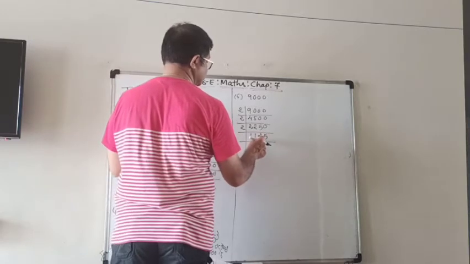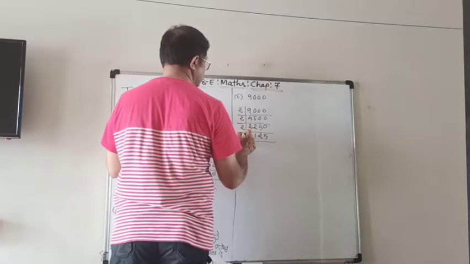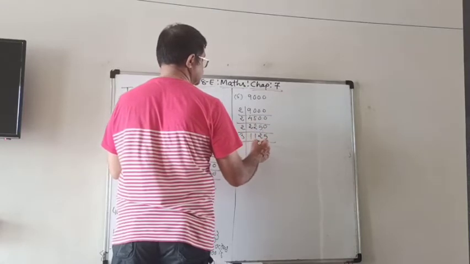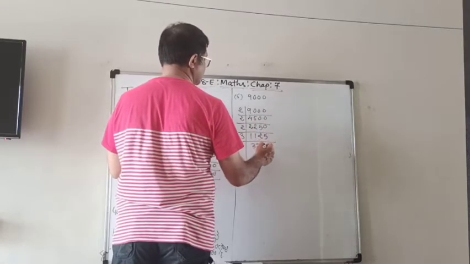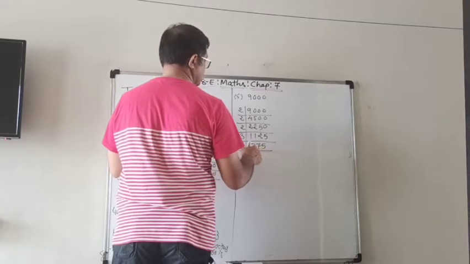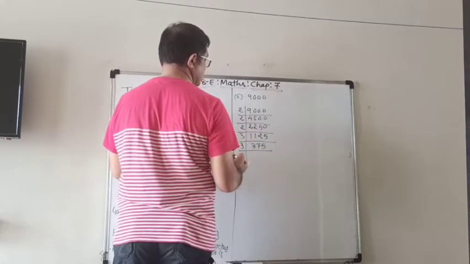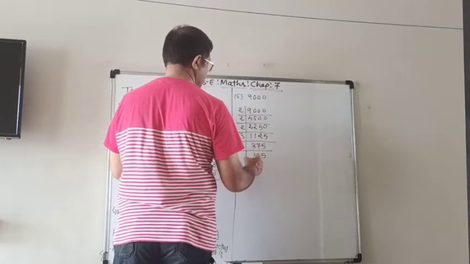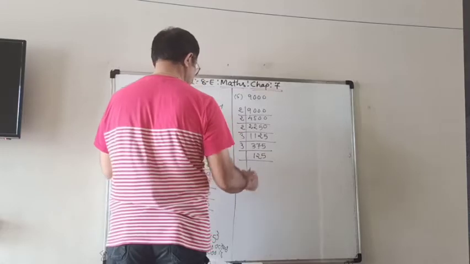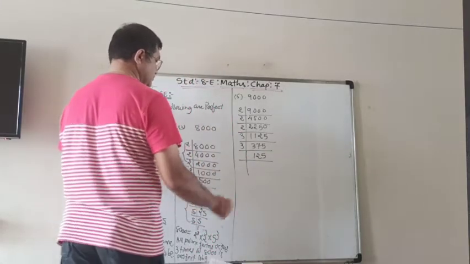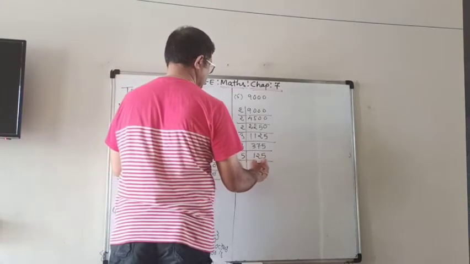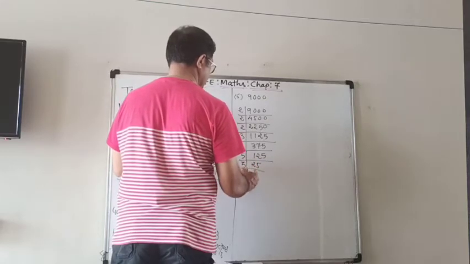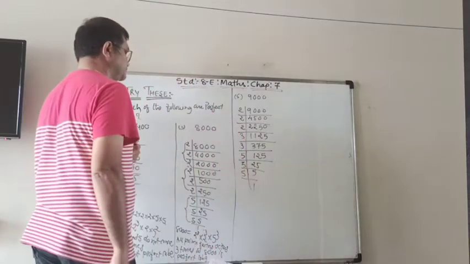Check by 3. 5 plus 6, 7, 8, 9. So it is divisible by 3. 3 3s are 9, 22, 3 7s are 21, 3 5s are 15. Still divisible by 3. 3 1s are 3, 3 2s are 6, 3 5s are 15. Now 125, you can see here we already had 25, 5 5s are 25, 5 1s are 5.